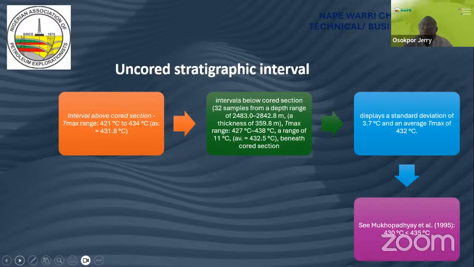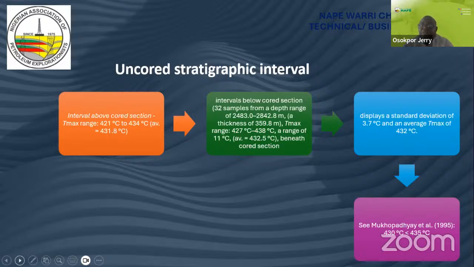If you see the work of Mukhopadhyay et al. 1995, when he worked on organic materials from source rock in a basin in Canada, this author found out that at 430 degrees centigrade, the rocks have entered into maturity. They have generated and expelled hydrocarbon. So he uses that as his standard. It goes to show that the maturity, the convertibility of kerogen, is a function of the type of kerogen.